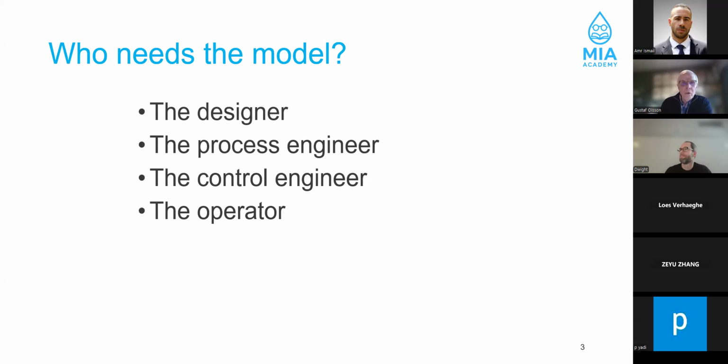The operator would like to have a model that helps him or her to really see what is the consequence of this kind of operational change. And the educator, of course, needs another kind of model depending on the kind of audience. Think about this and compare it with a model that you need for an engine in a car. When you drive, you would like to know, how does the car respond when I press the accelerator or press the brakes?